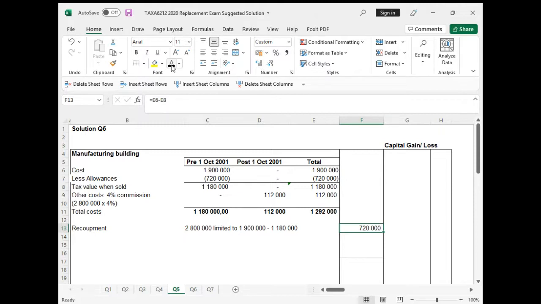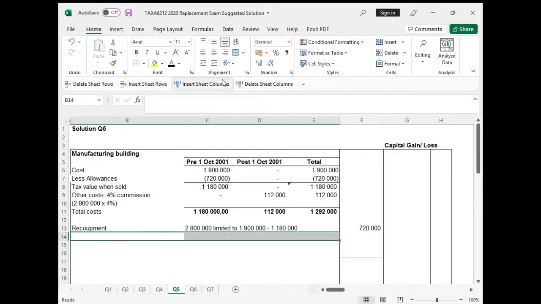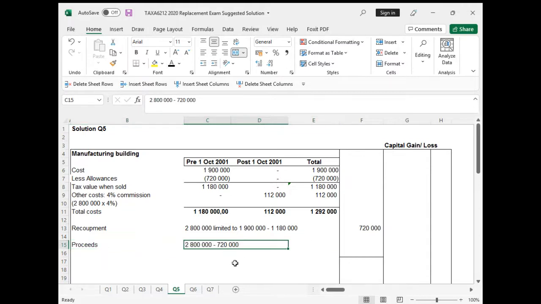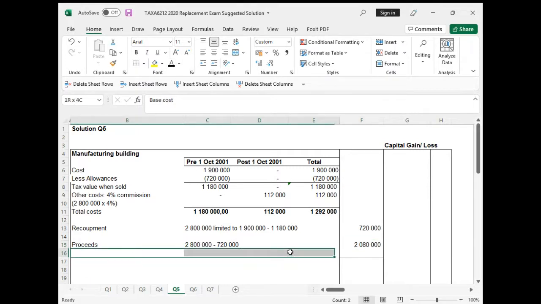Okay. Now that recoupment value then impacts our proceeds amount that we have to work out. So our proceeds now is the 2.8 million, which we sold it for, less the 720 is our new proceeds value. But our base cost value, we will have to go work out based on separate calculations because of the fact that it predates 1 October.